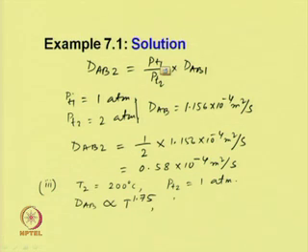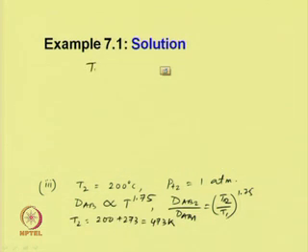So, we can write DAB2 by DAB1 will be equal to T2 by T1 to the power 1.75.